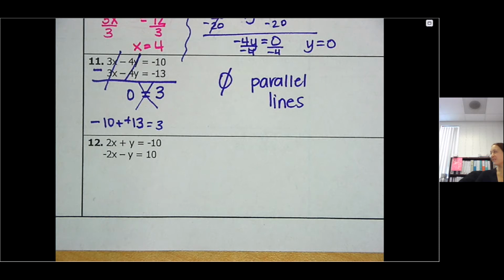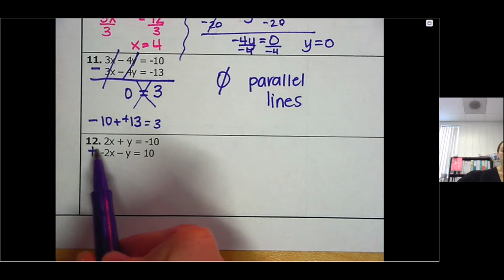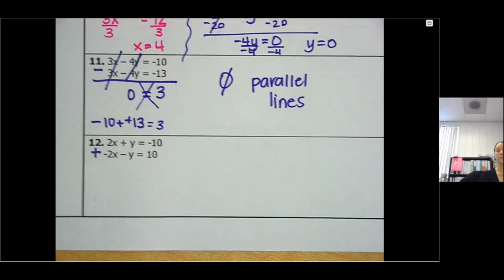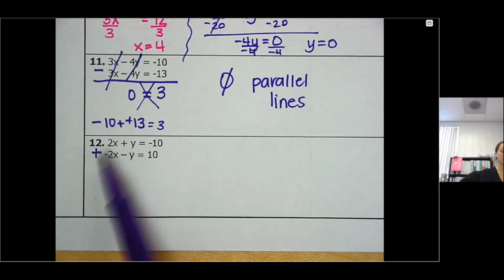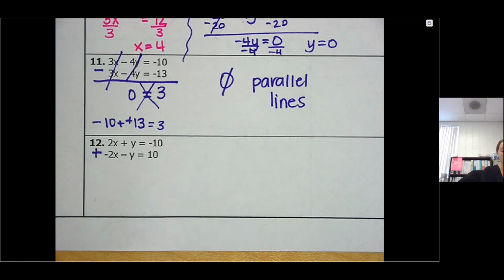Does that make sense? Two negatives next to each other. So I want to make this a positive. I want to add them, right? Because positive 2x plus negative 2x, what's going to happen there? They cross each other out. What's going to happen with my y's? They cross each other out.